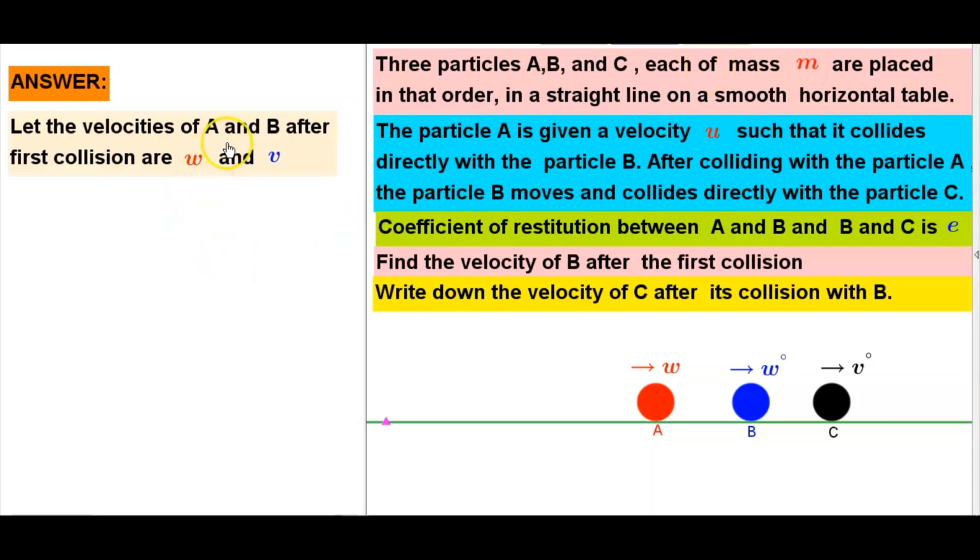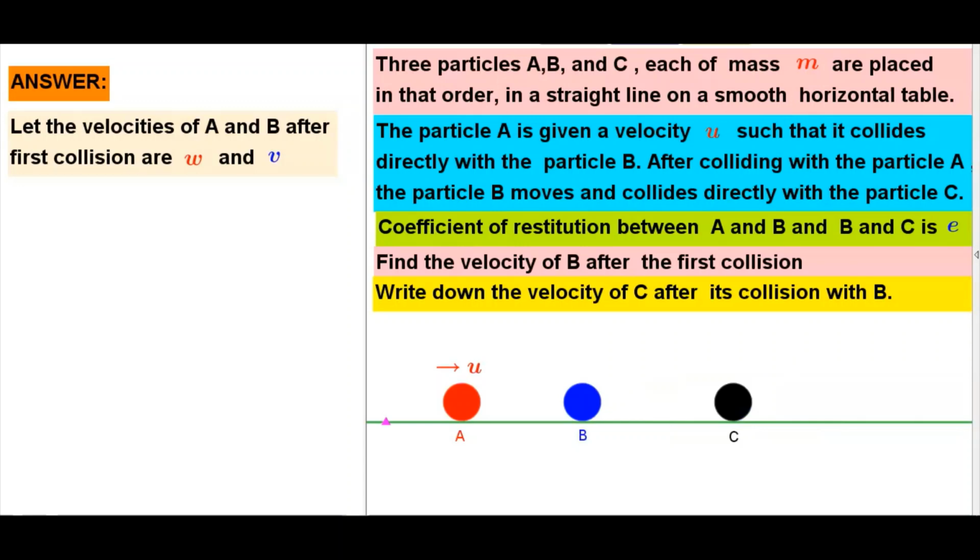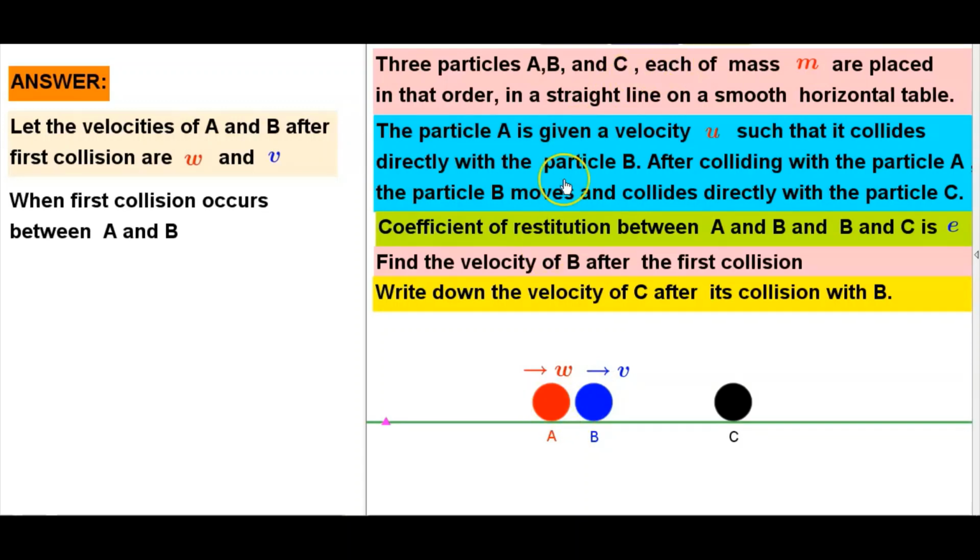Let the velocities of A and B after the first collision be W and V. When the first collision occurs between A and B, we use impulse I equals delta mv.